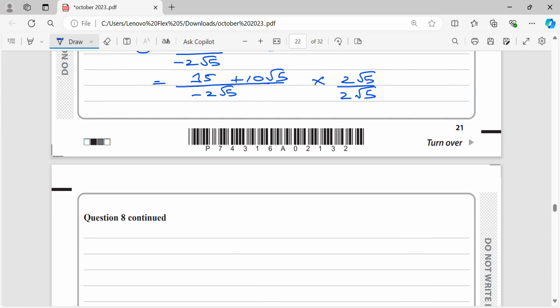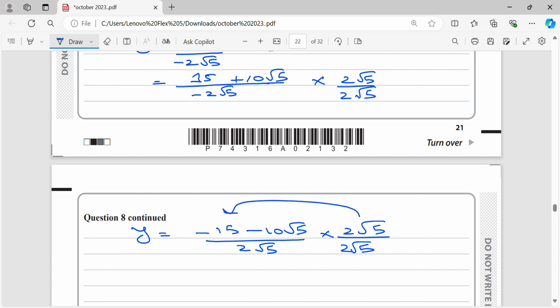So y equals to negative 15 and negative 10 root 5 over 2 root 5 into multiply. So this is negative 30 root 5 and multiply negative 20 times 5. 2 2s are 4, 4 5s are 20.